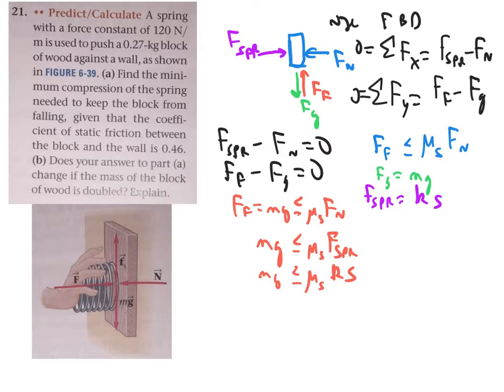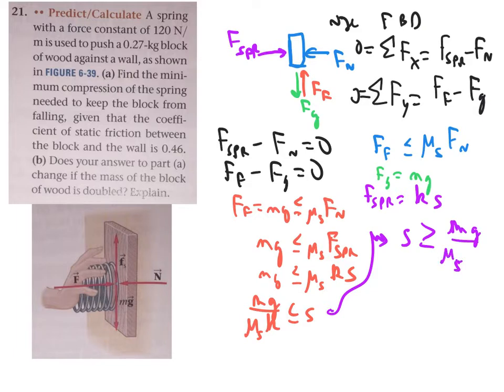So we can solve this and say that mg over mu s k is less than or equal to s. So we can turn this around and say s must be greater than or equal to mg over mu static times the spring constant.